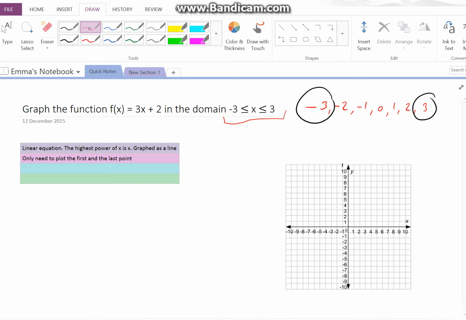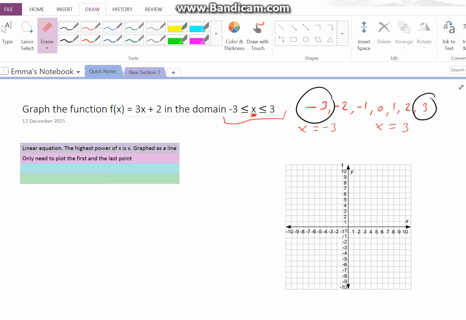We don't have to plot every point in between. The x in the middle there is a really big clue to us, because that means we're going to let x equal minus 3 and we're going to let x equal 3, because all these coordinates here are x, if that's okay.